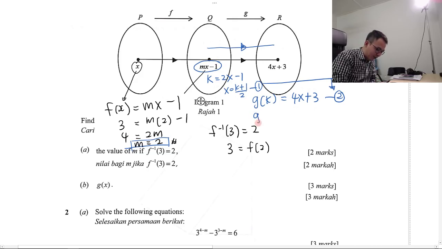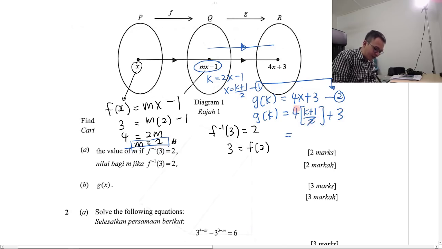So g(k) will equal 4 times (k plus 1 over 2) plus 3. After I simplify, 2 multiplied by k gives 2k, 2 plus 3 gives 5. So if g(k) equals 2k plus 5, then g(x) will equal 2x plus 5.